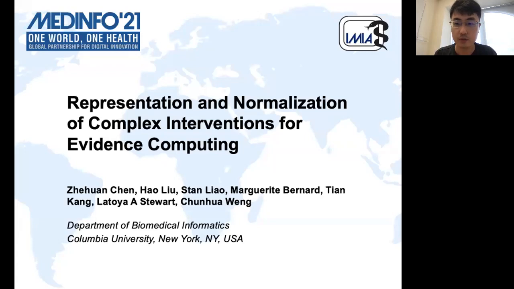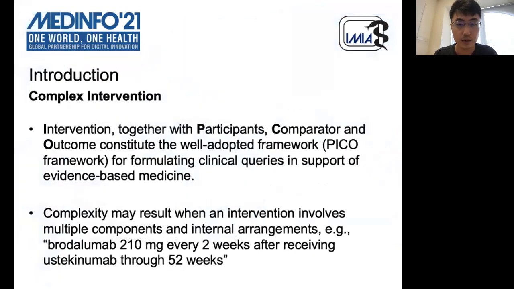The topic I'm going to talk about today is representation and normalization of complex interventions for evidence computing. Intervention is one of the major components of the well-adopted PICO framework, which is used to formulate clinical queries to support evidence-based medicine so as to improve the decision makings about the care of individual patient.